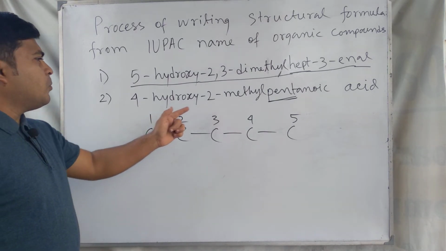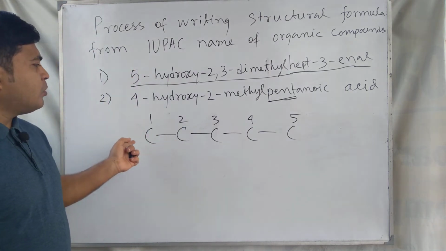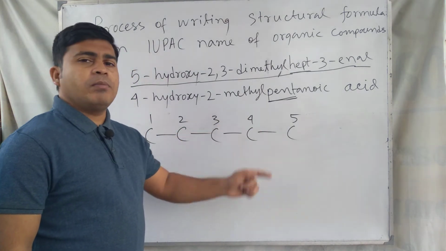So we see here the root word is pent, and we are writing the 5 carbon chain 1, 2, 3, 4 and 5.